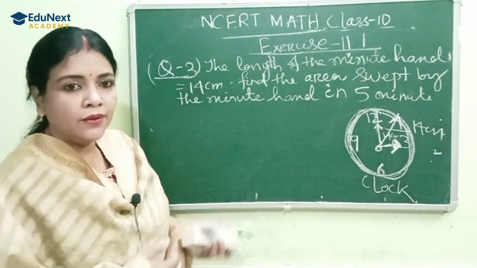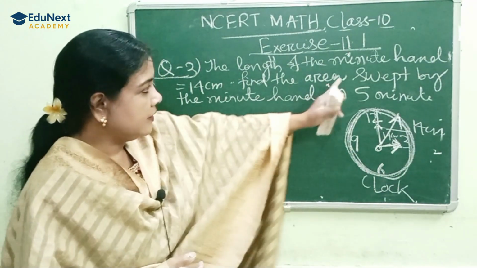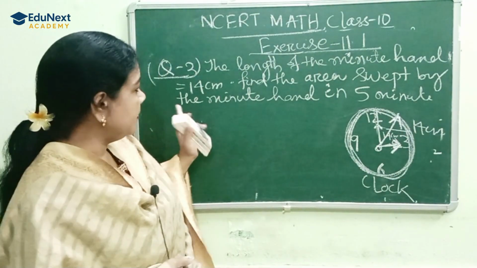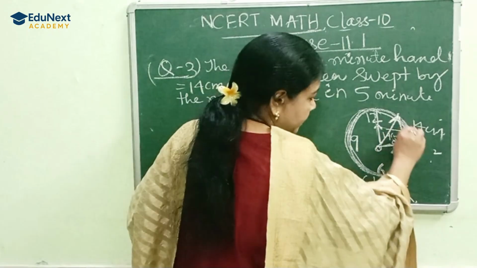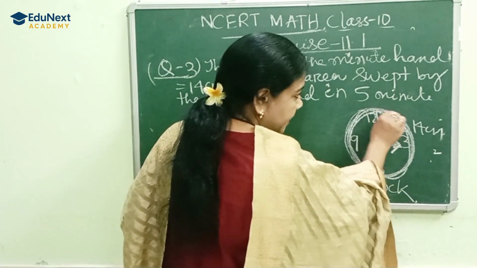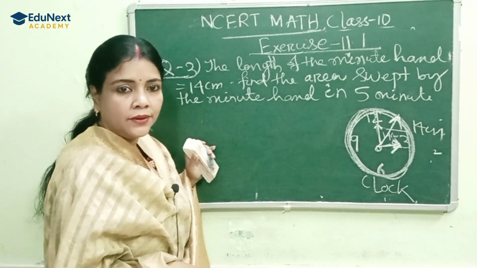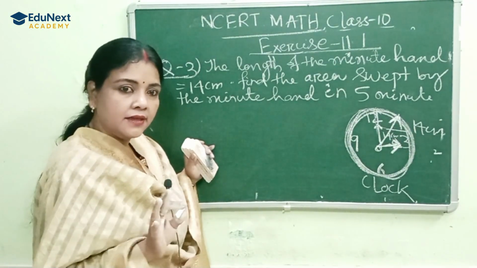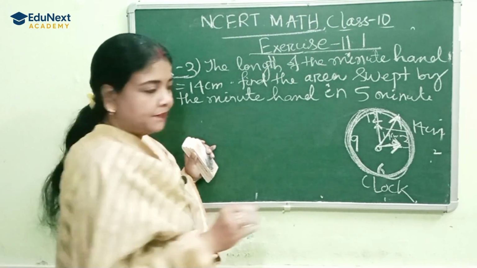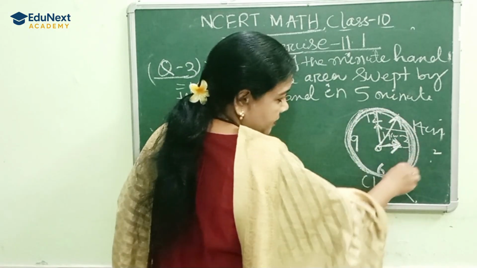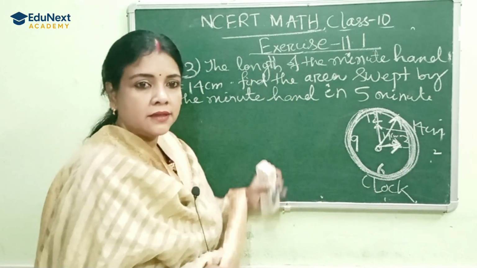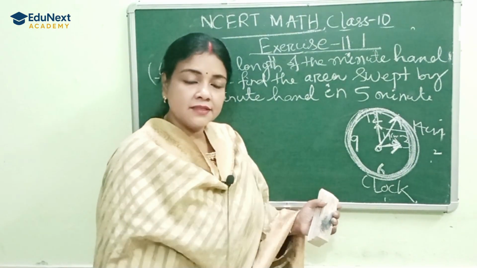Now the question is: find the area swept by the minute hand in 5 minutes. The minute hand completes 360 degrees in 60 minutes, that means 1 hour.